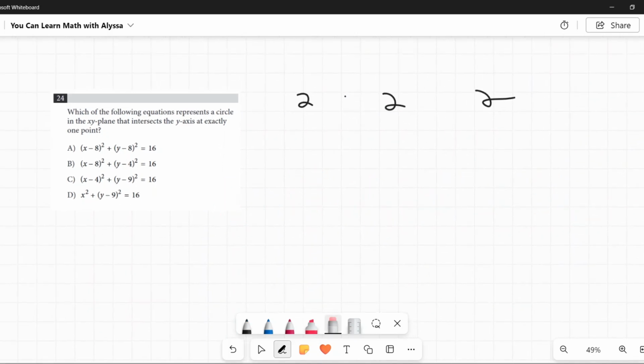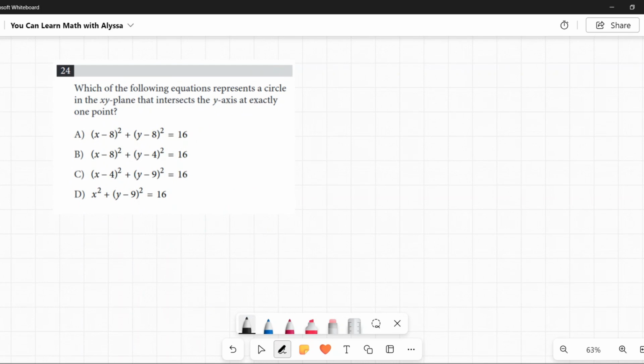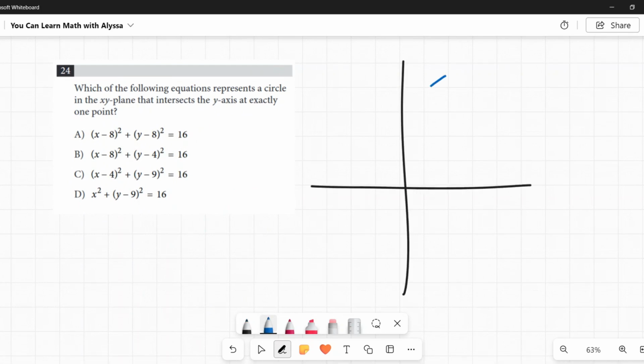So let's look at these equations of circles that we have. First one, we want one that intersects the y-axis at exactly 1 point. So that means it's a circle and it is just touching at one little point, and that's it. All right, so first one, x minus 8 squared plus y minus 8 squared equals 16.